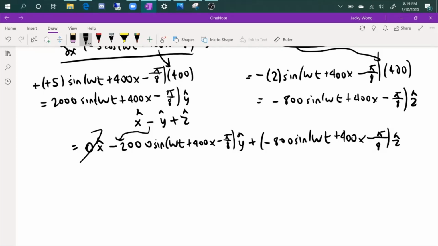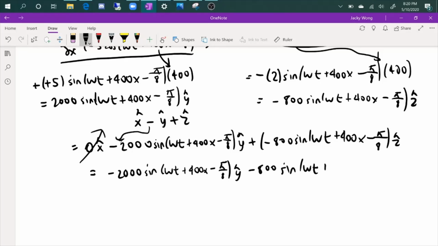Because this is 0, we are left with negative 2000 sine(omega t plus 400x minus pi over 8) y for the y term, minus 800 sine(omega t plus 400x minus pi over 8) for the z term.